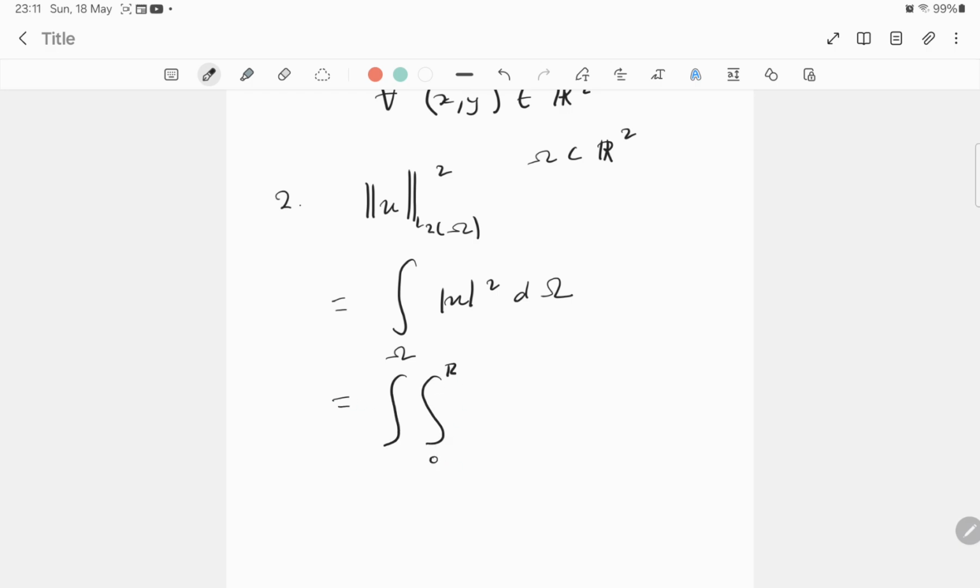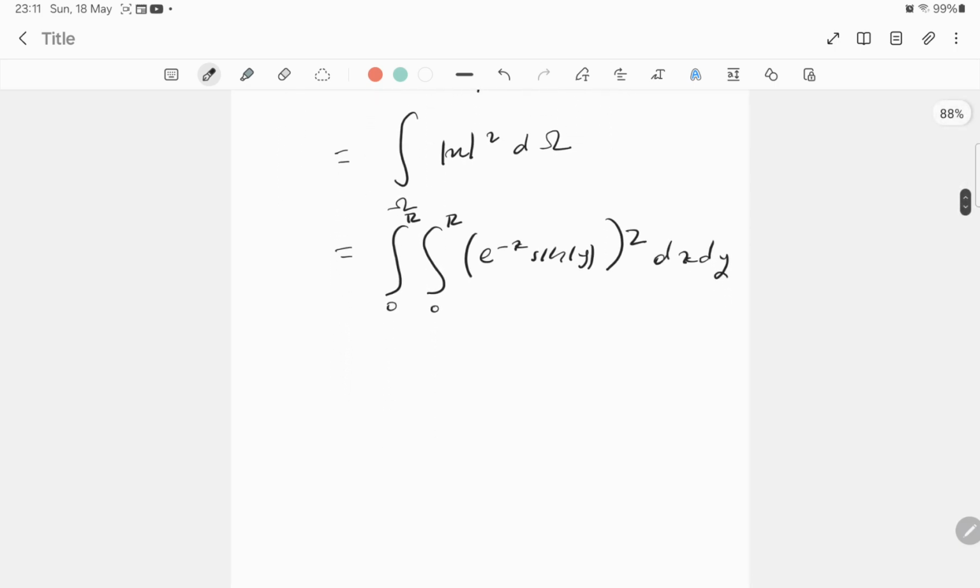So I have the integral over 0 to pi of e to the minus x sine y raised to the power of 2 dx dy. That's e to the minus 2x sine squared of y dx dy.